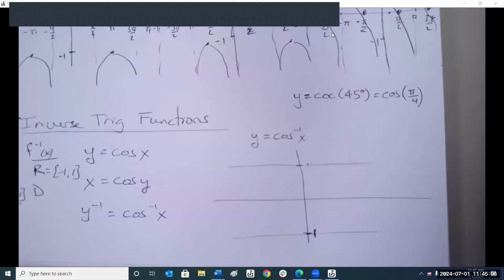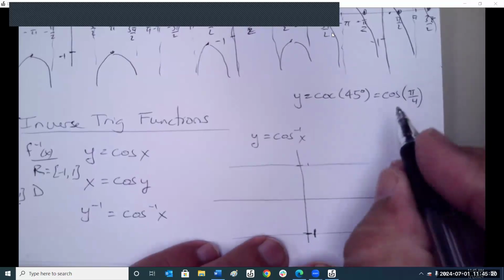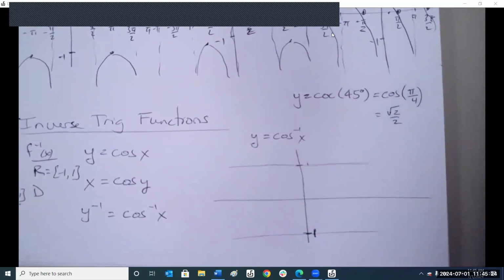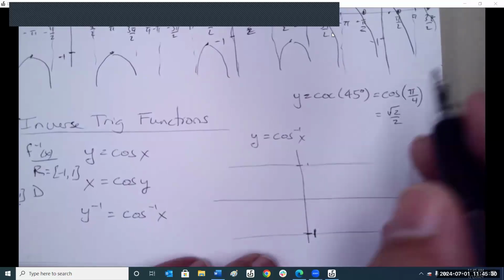Remember, if you want to be engineers, you gotta know this stuff. Not wait to look it up somewhere, this is basic trig. Square root of 2 over 2. That's what 45 degrees is, or pi over 4. That's the original.